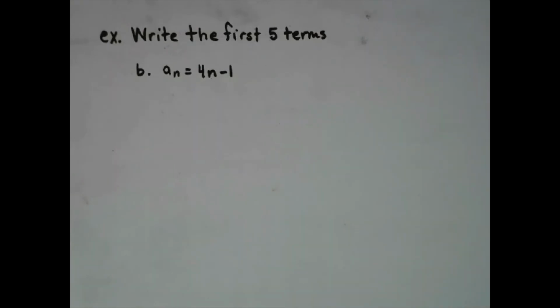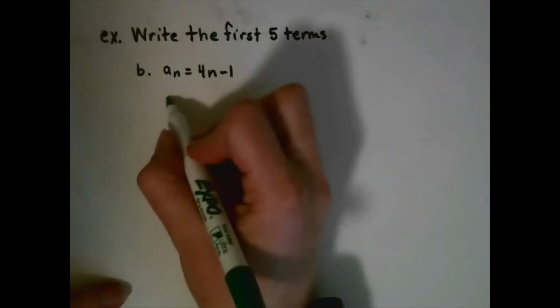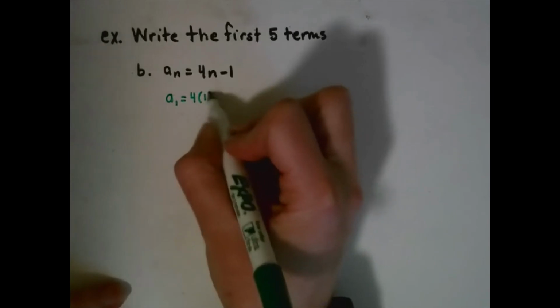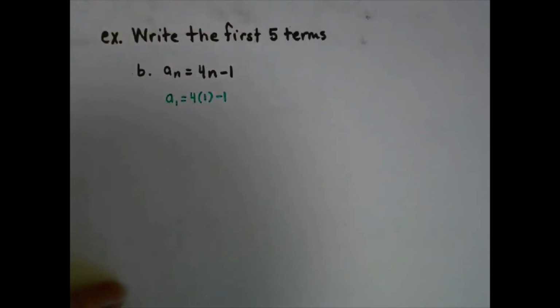All right, next one. I still want the same 5 terms. But this time instead of having A(n) and A(n+1) in the equation, we have n. So this would be an example of an explicit formula. To get A1, we will plug in 1 for n.